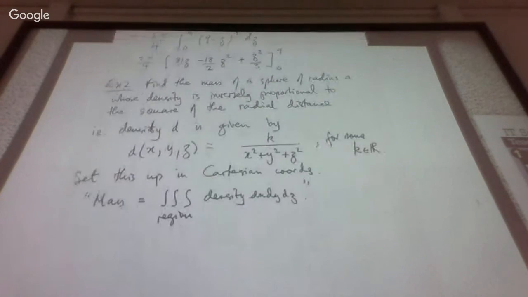And that's the general principle. Density is mass per unit volume. If you add up all the density that there is inside the region, you get the mass of the whole region.